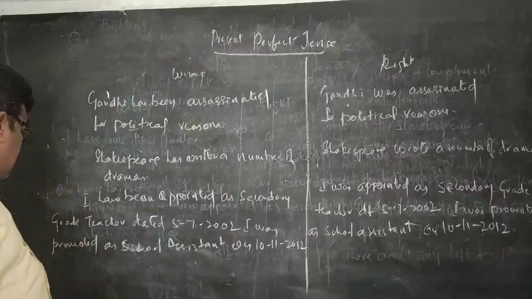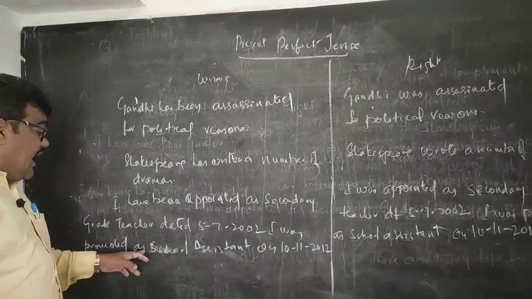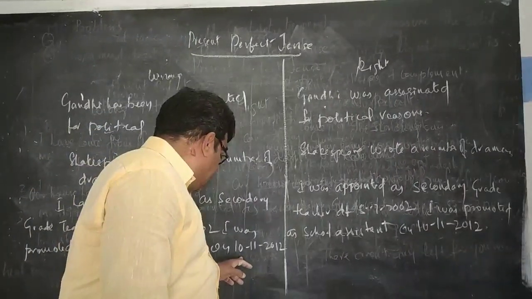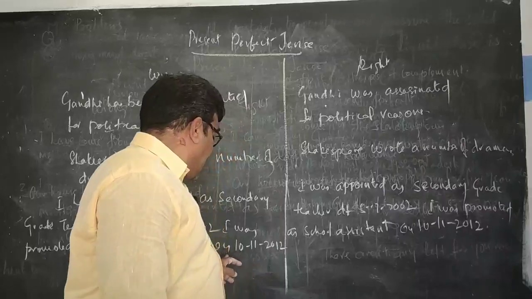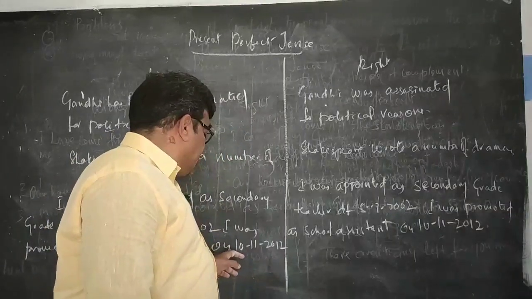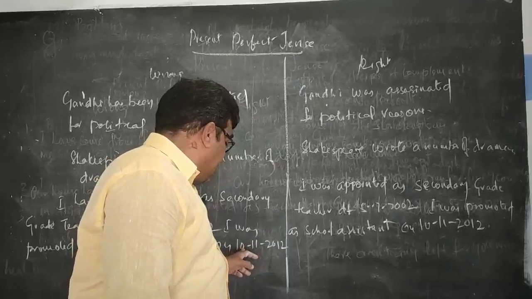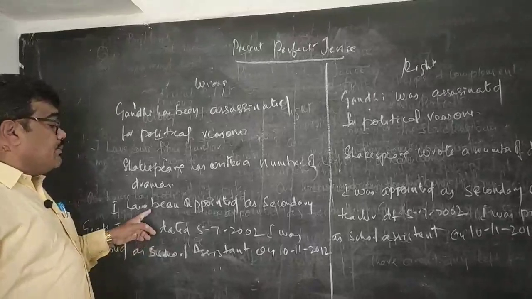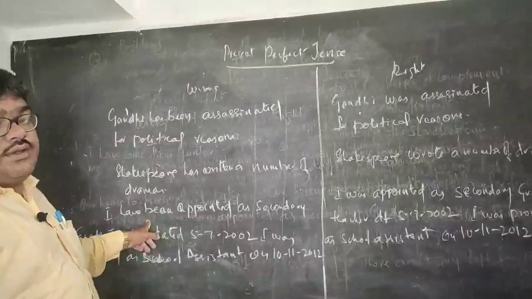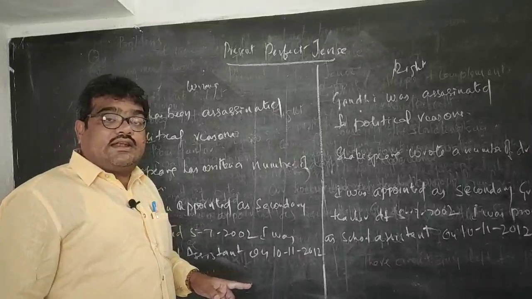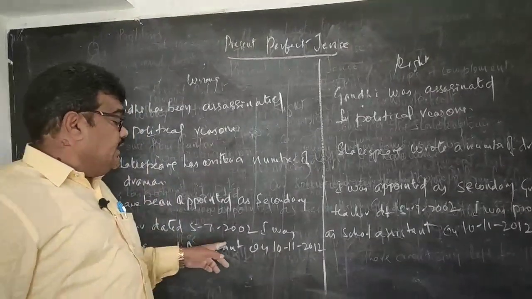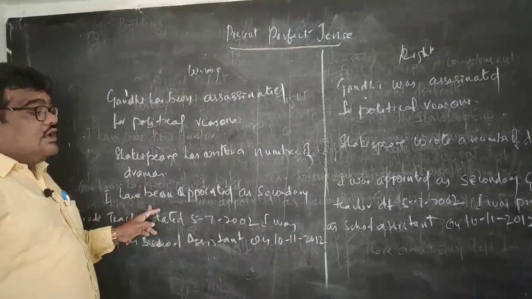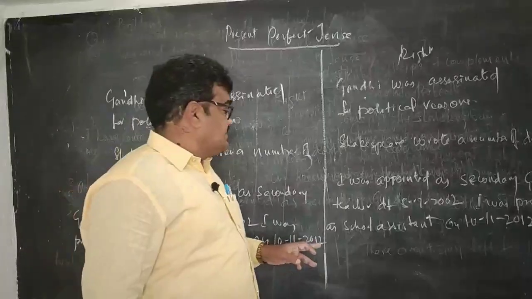I was promoted as school assistant on 10/11/2012. Presently, he is not working as a secondary grade teacher because he got promotion in 2012 as school assistant. We must not use present perfect tense. We have to use simple past tense.